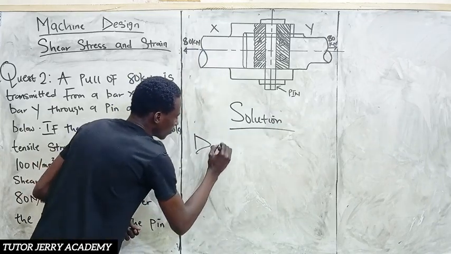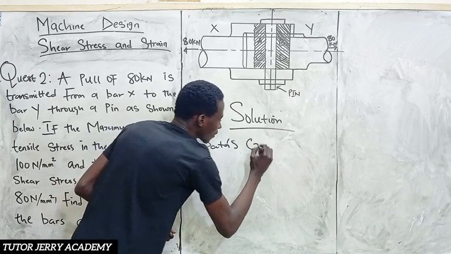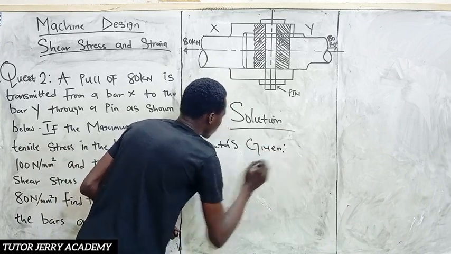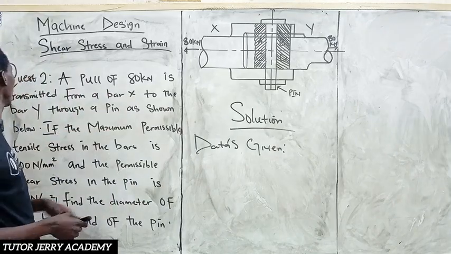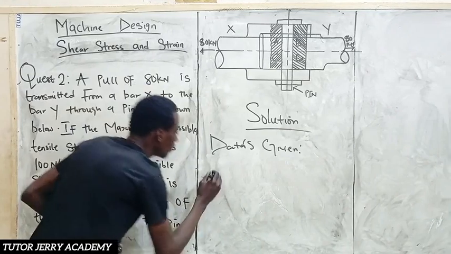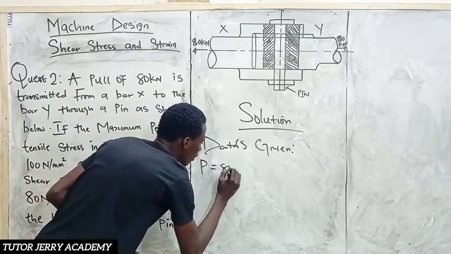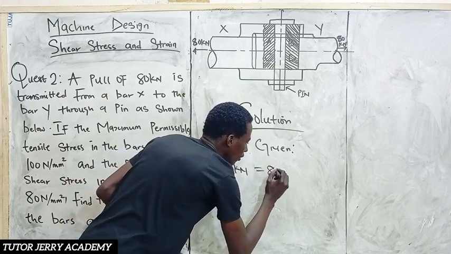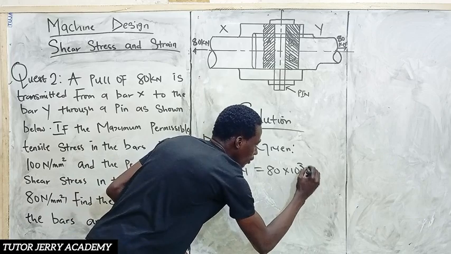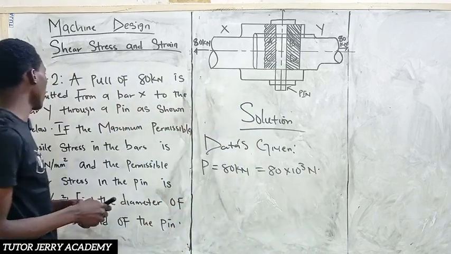The data is given. So what do we have first? We have a pull of 80 kilonewton. So our P is equal to 80 kilonewton, which is equal to 80 times 10 to the power of 3 Newton. What do we have next?